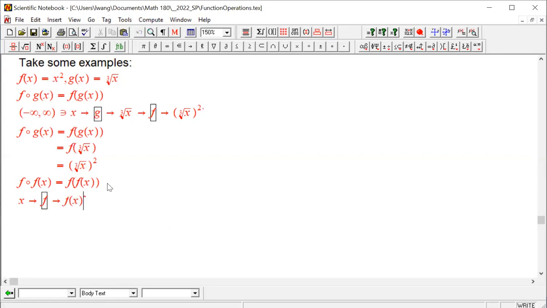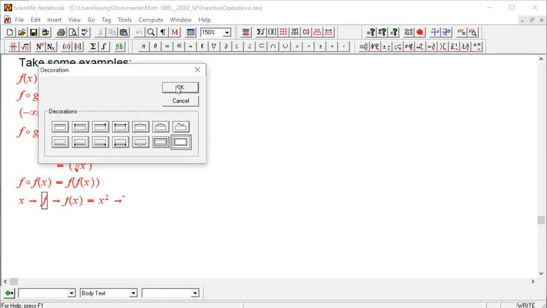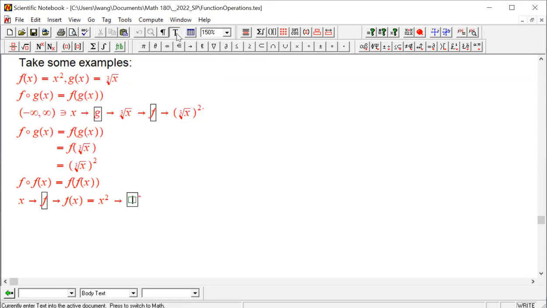In this case, F of x is x squared. Okay, x squared will serve as input for F one more time, because that's going to be F again. The input is being squared, and that's going to be x raised to the power of 4. You see that?